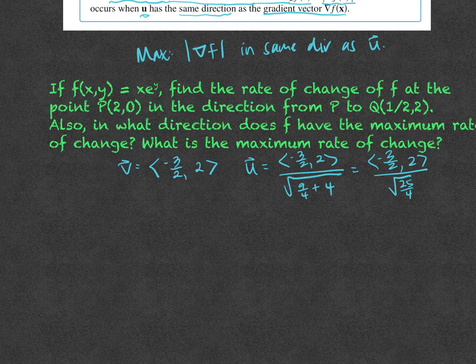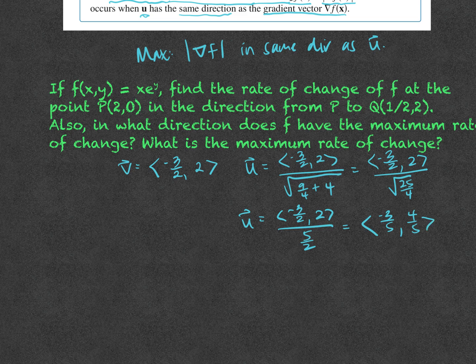So we have u as negative 3/2, 2, and the denominator is 5/2. So negative 3/2 over 5/2 is negative 3/5, and 2 over 5/2 is 4/5.